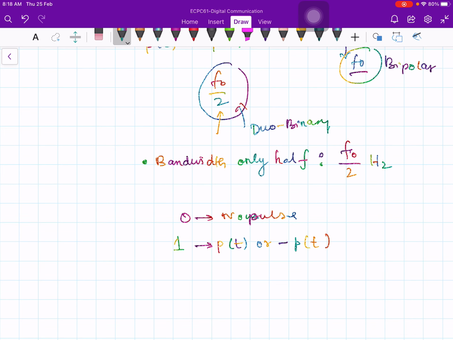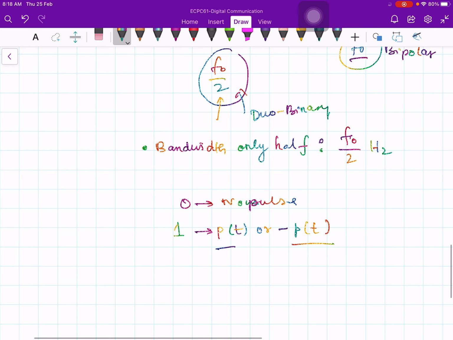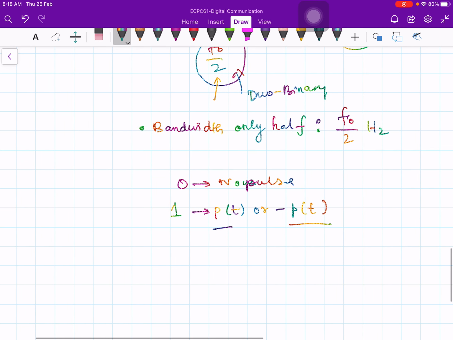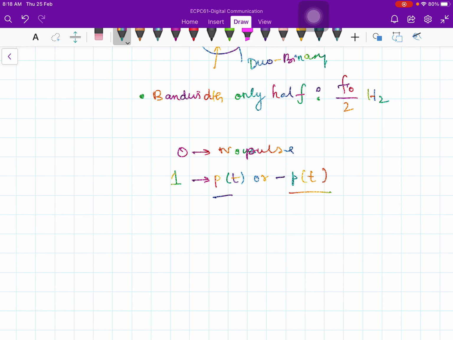Whether you transmit p of t or minus p of t depends on the polarity of the previously transmitted pulse, that is number one. It also depends on how many zeros have elapsed between the previously transmitted one and the current one. So there are two things: the polarity of the previous bit and how many zeros are there between two ones.